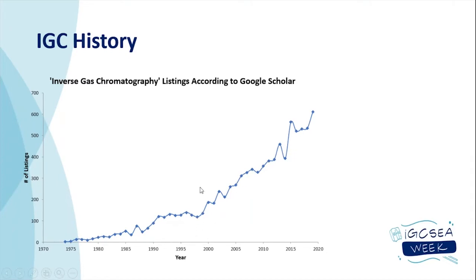And just as a point of reference, in about 1999, Surface Measurement Systems came out with our first commercial inverse gas chromatography system. And right around 2009, 2010, we came out with our next generation inverse gas chromatography SEA instrument. And not surprisingly, or not by coincidence, this does seem to trend with the ability of a commercial grade turnkey instrument. The number of publications has increased significantly in the last 20 years.